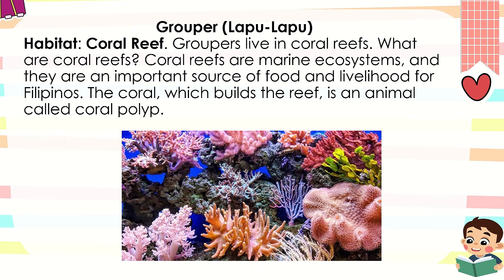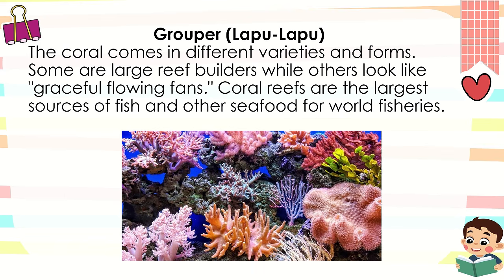The coral, which builds the reef, is an animal called coral polyp. The coral comes in different varieties and forms. Some are large reef builders, while others look like graceful flowing fans. Coral reefs are the largest sources of fish and other seafood for world fisheries.